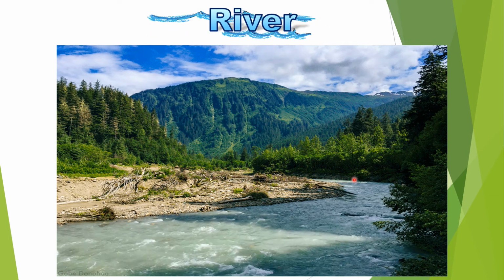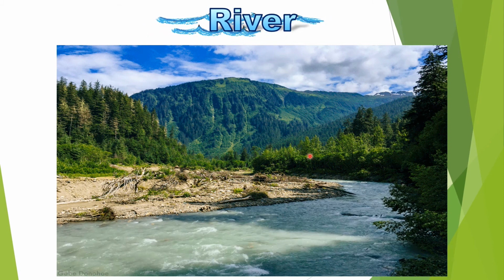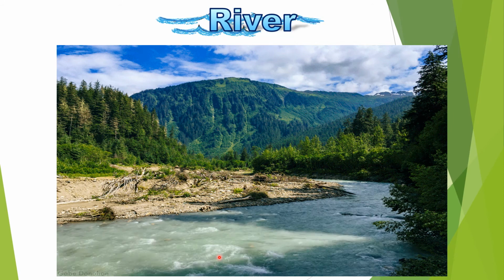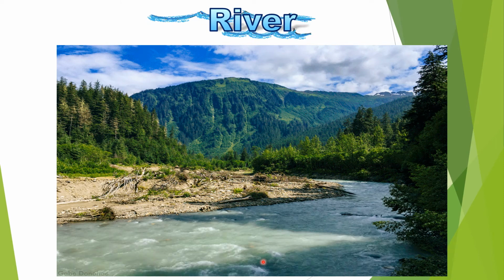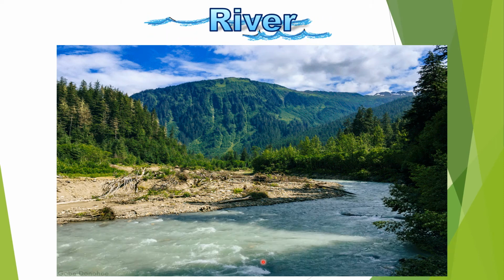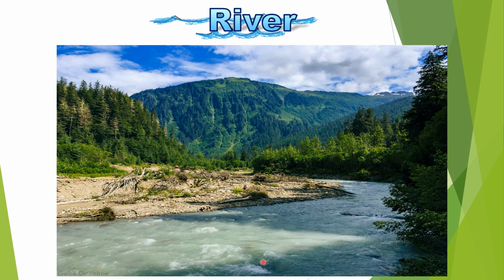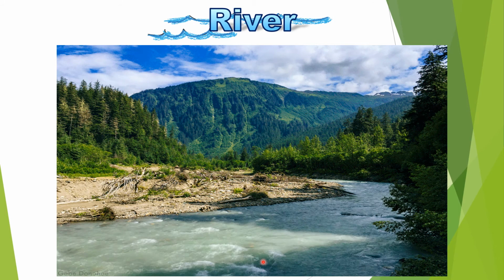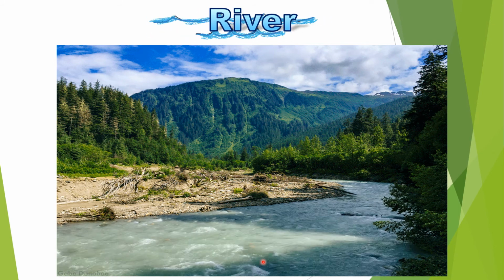A river is a large water body which starts from a mountain and ends its journey after meeting ocean or sea. Now children, always remember that rivers flow from highland to lowland and they cover a large area.